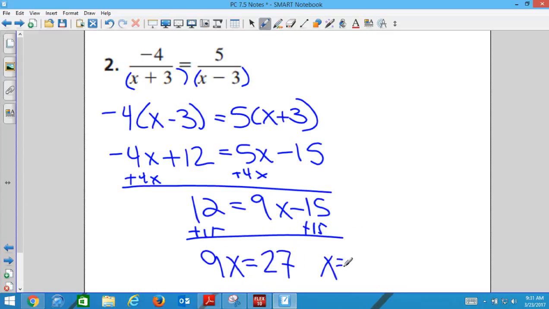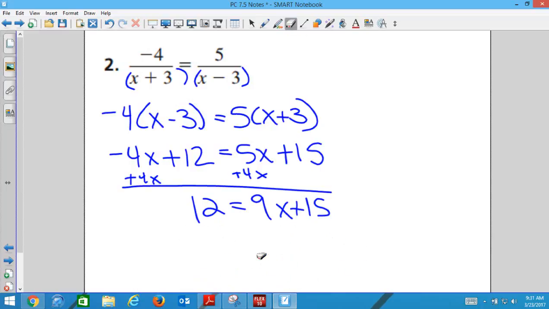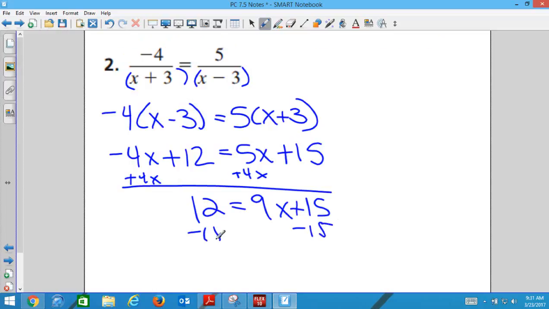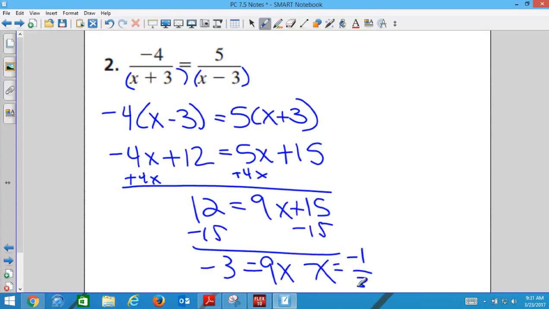So x is 1. Nope, I did something wrong. It should be positive 15 instead of negative. That was the last mistake I'm making today. Alright, so x has to equal -1/3. That one, you plug it in, it does check.